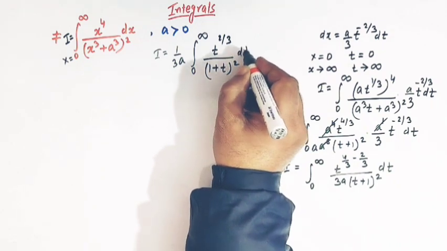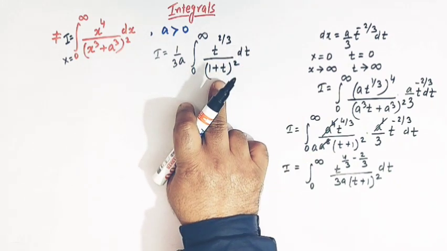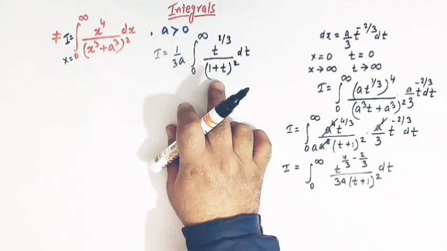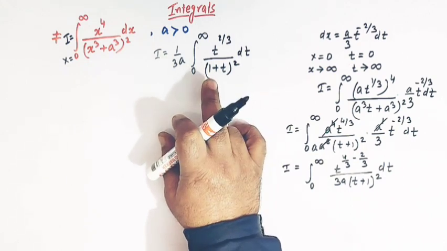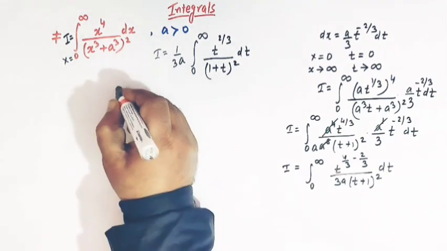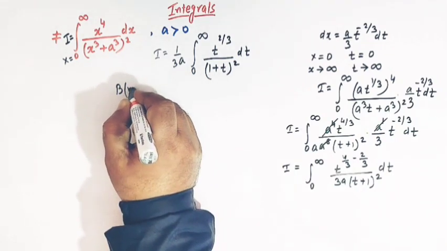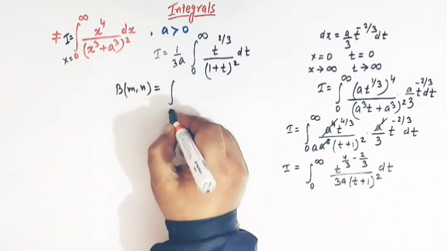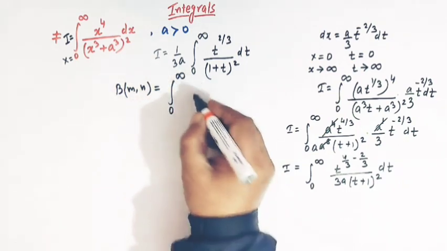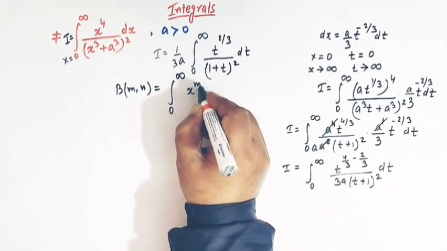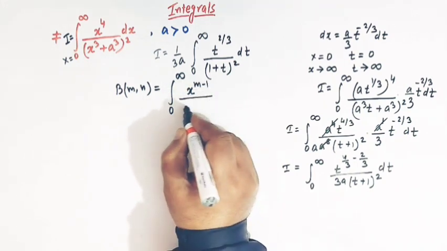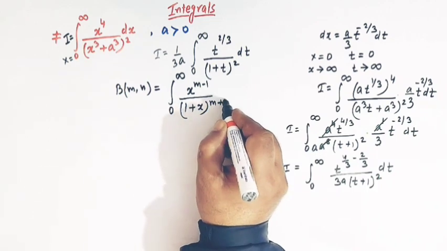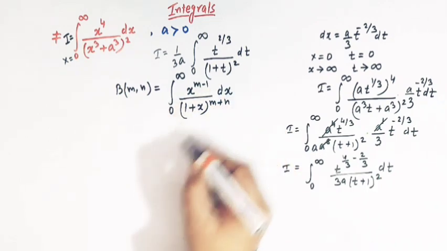Now we have this integral, and we will convert it into the beta function. The beta function is defined as beta(m, n) is equal to the integral from 0 to infinity of x raised to m minus 1 divided by (1 plus x) raised to m plus n dx.